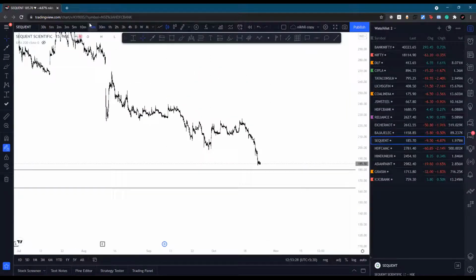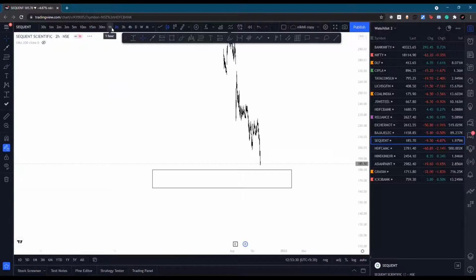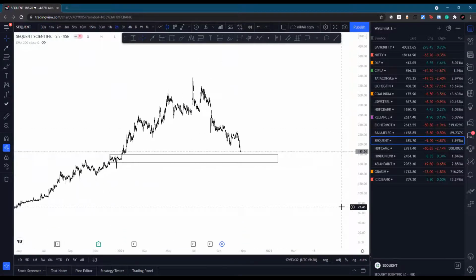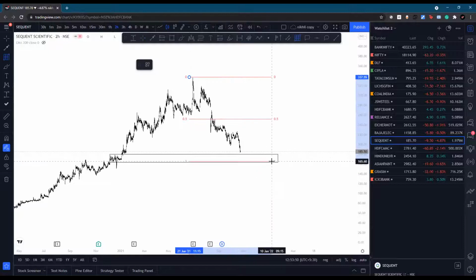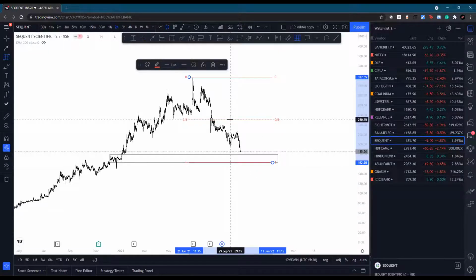Again, this was from Instagram only. The demand area is around 170, and if you want to go short term on this particular counter, you can go. My entry will be 170, 50% target will be around this area right here, 250. Okay, so it can be a good move.